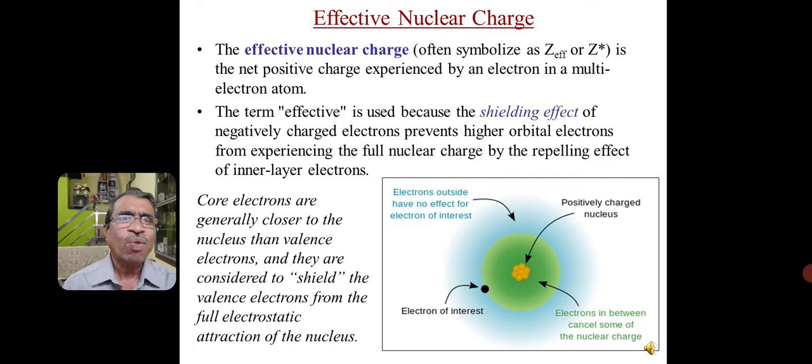So this is also one more slide showing about the effective nuclear charge, and how it affects. The term effective is used because the shielding effect of negatively charged electrons prevents higher orbital electrons from experiencing the full nuclear charge by the repelling effect of inner layer electrons.